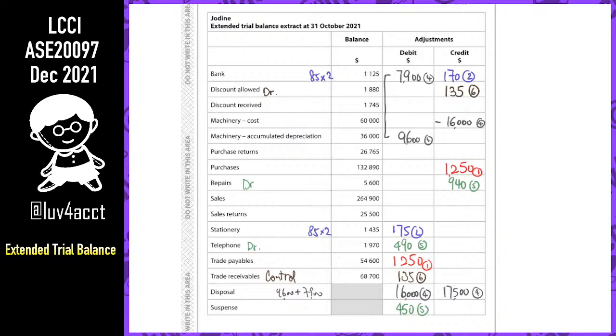That's why you use the control account, the total trade receivables account in the ledger, so just one account, and then you have a subsidiary ledger, a record for each of your trade receivables. So this question and most of the level 3 questions assume this treatment.